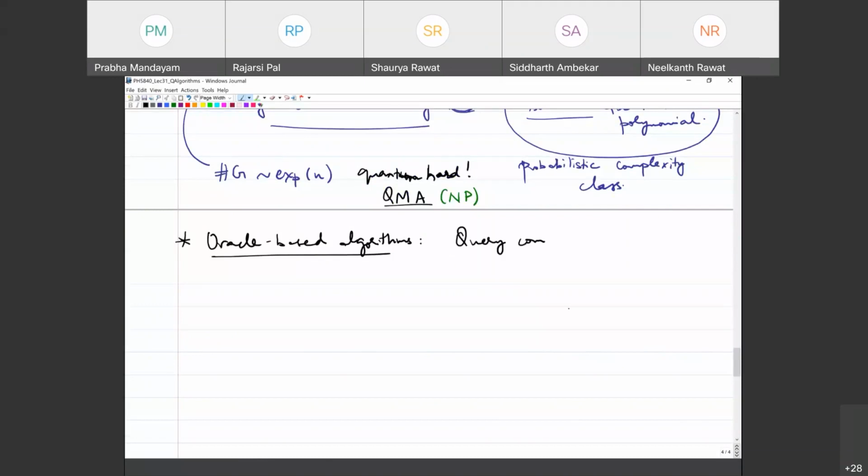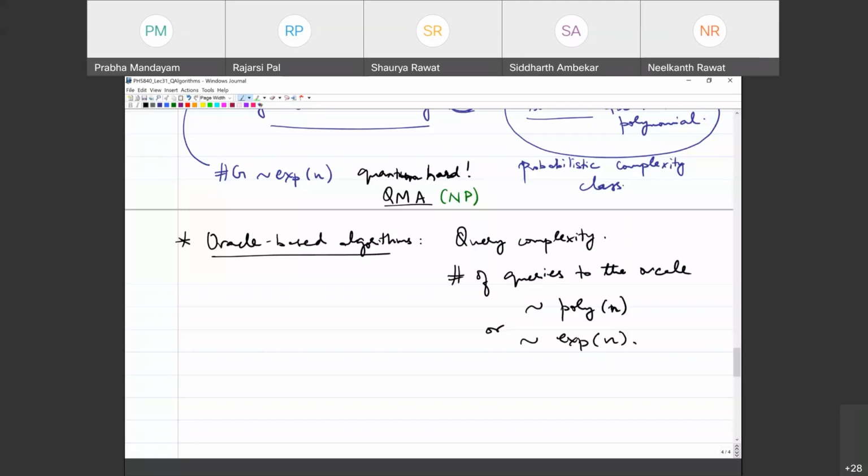Now the complexity is basically the number of queries that you need to make to the Oracle. And the question is whether this goes as a polynomial function in n, or whether this goes as an exponential function in n. I should have mentioned this right there, that you have the notion of gate complexity, and then you have the notion of query complexity.